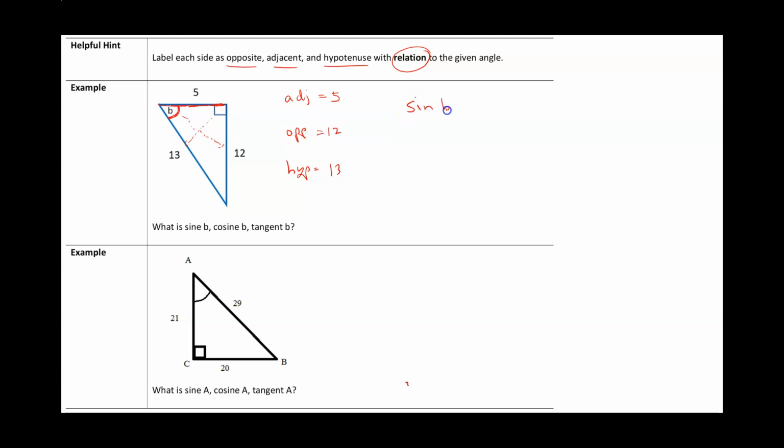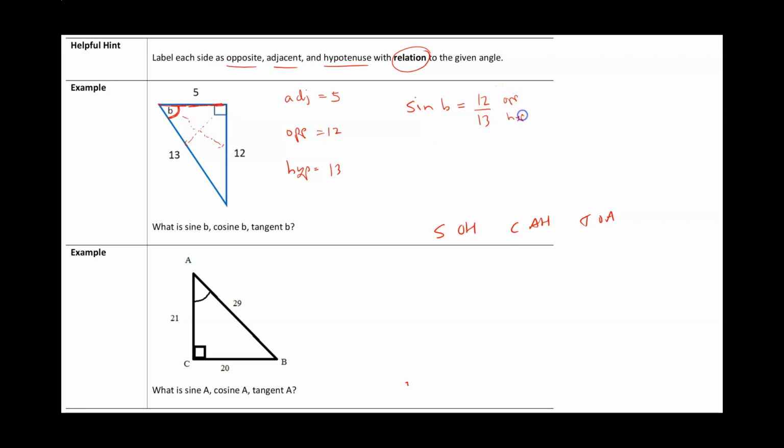Okay, so sine of angle B, remember SOH CAH TOA: sine is opposite over hypotenuse, cosine is adjacent over hypotenuse, tangent is opposite over adjacent. So sine is opposite, which is 12, over the hypotenuse, which is 13.